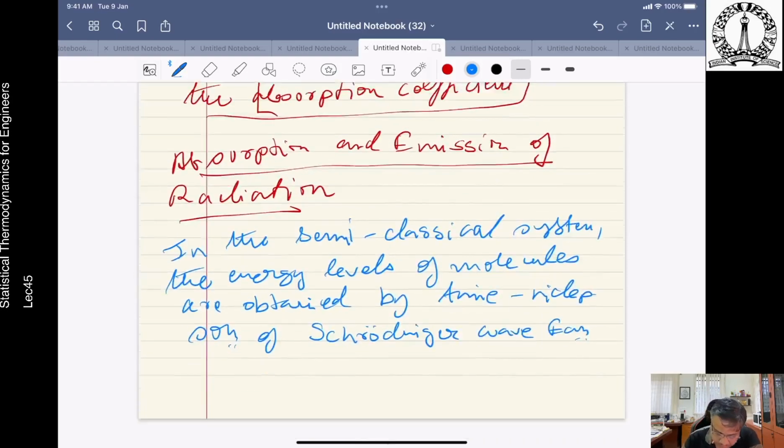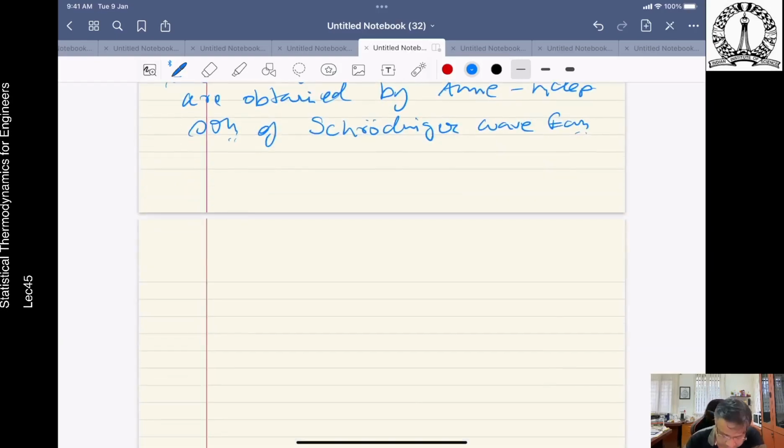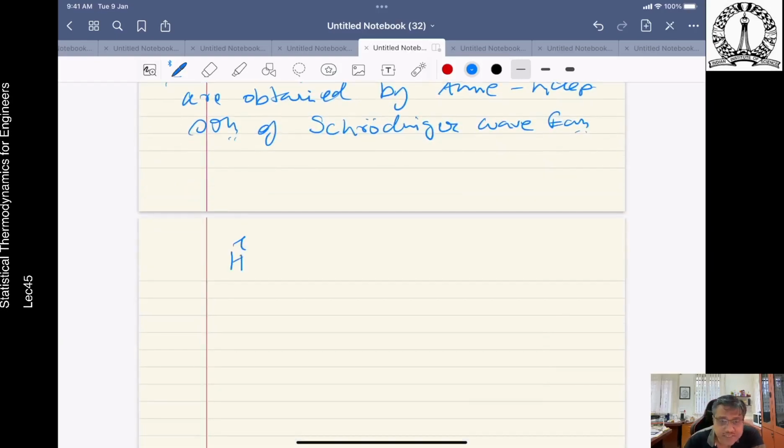Okay, so that means essentially this. So while the electromagnetic radiation is treated in a classical fashion, classically. So if we consider a two-level system, let's look at a simple two-level system once again.